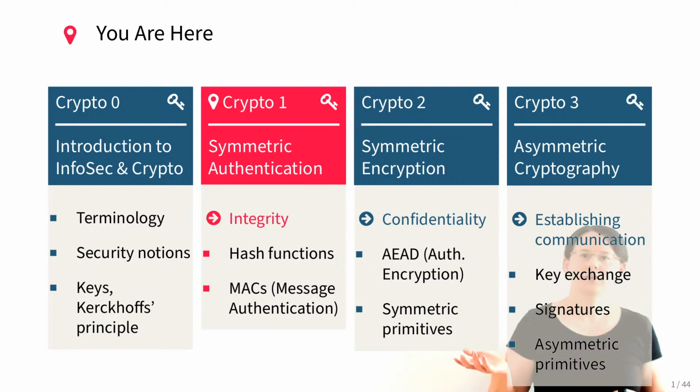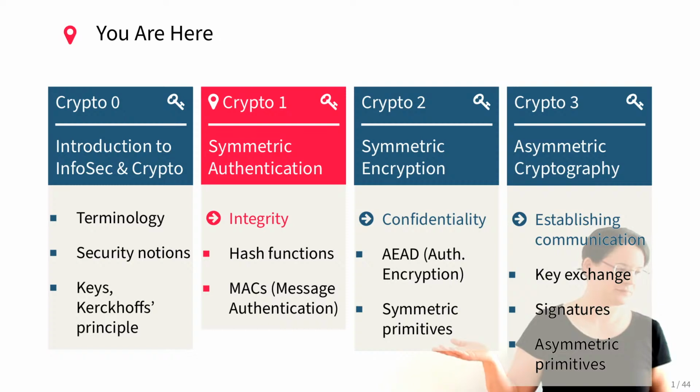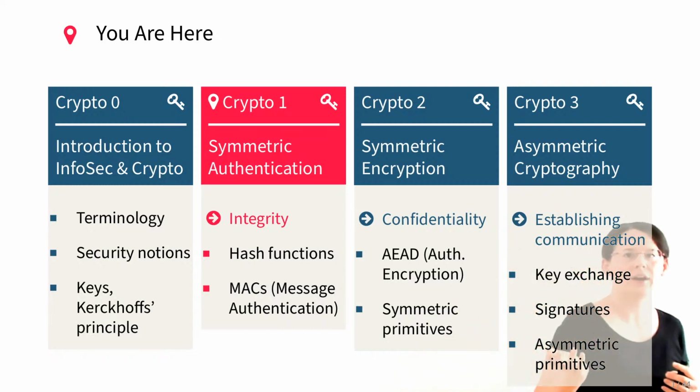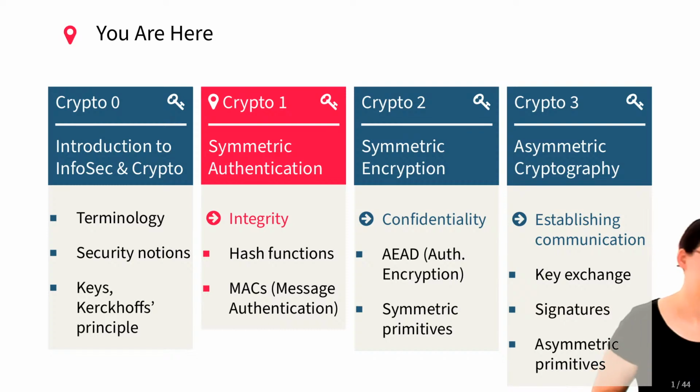And we're also going to have a look inside of the building blocks that are inside all of these schemes, namely the so-called primitives. And finally, we also want to have a look at how we can establish secure communication, how we can use hard problems from mathematics to do something like key exchange or other asymmetric primitives.